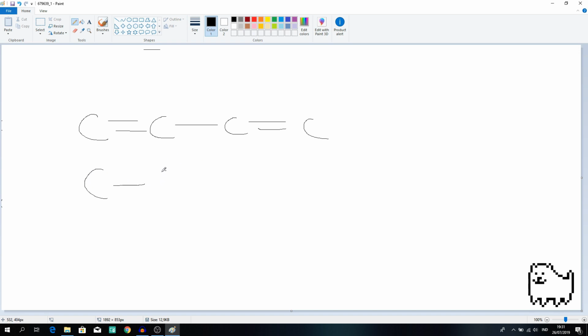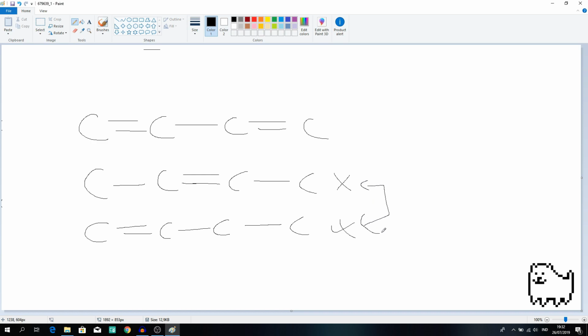And we also have a different example, which is carbons with double bonds that have different placements. You can see that the double bond is placed in the middle, while over here the double bond is placed along the edge. So these two are different from each other, and this one is also different from each other.